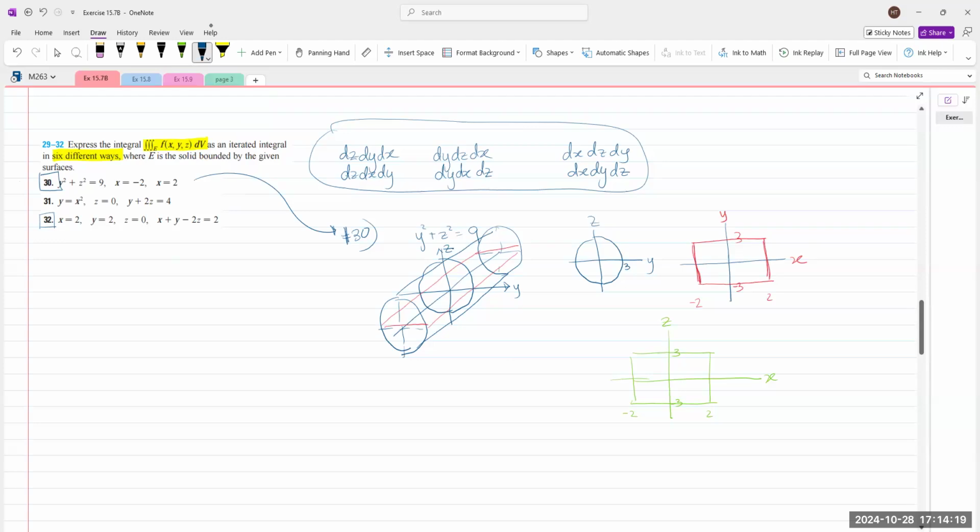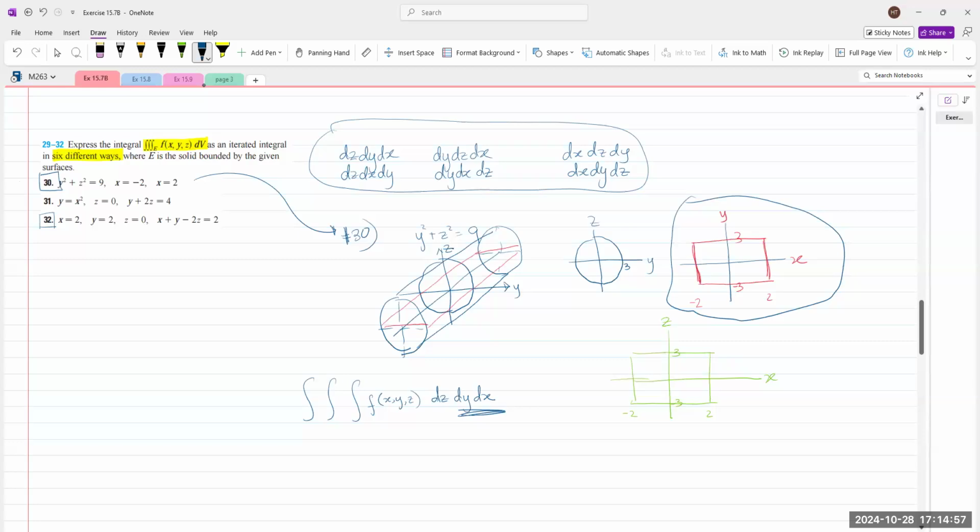Okay. Now, why do we need these 3 projections onto the xy plane, the xz plane, the yz plane? Because those will tell us the outer integrals. So for example, if I want to do the triple integral of f(x,y,z) dz dy dx, if I want to do that order first, I need to look at this.